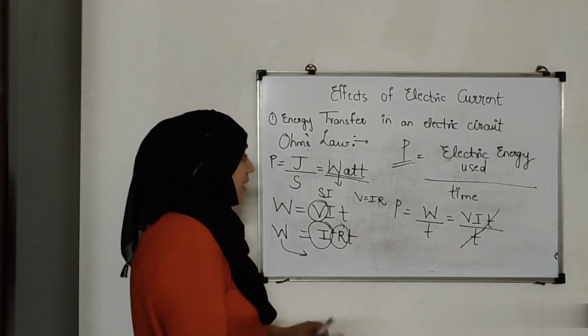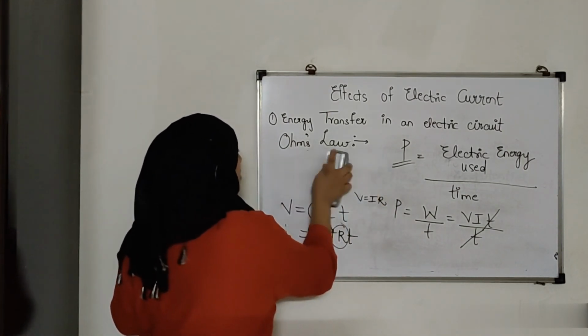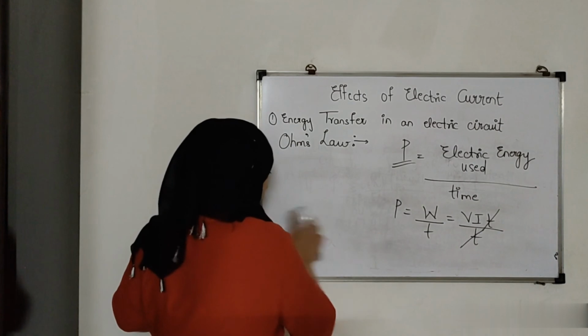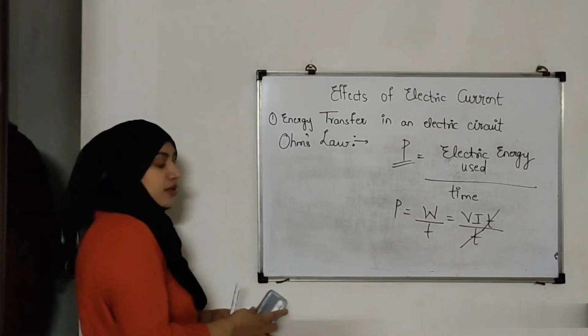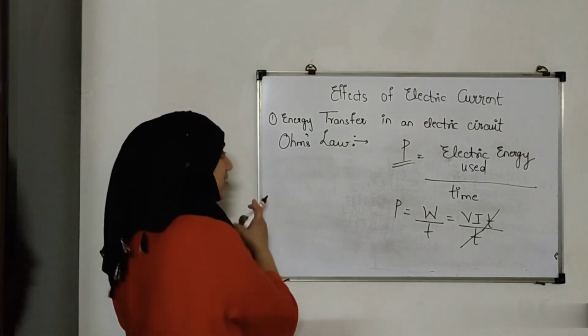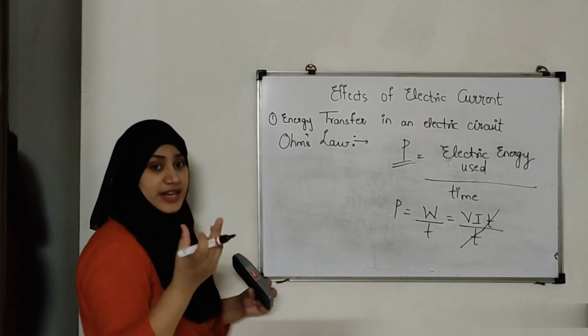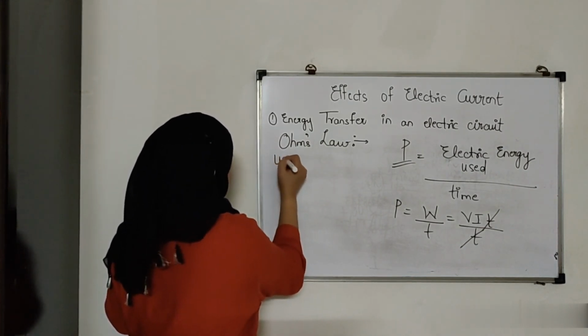Now next we are going to discuss the commercial unit of electrical energy. Take out your electricity bill and see how they describe the consumption of electricity. They have given it a specific name, that is units.